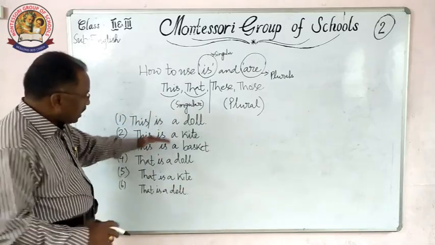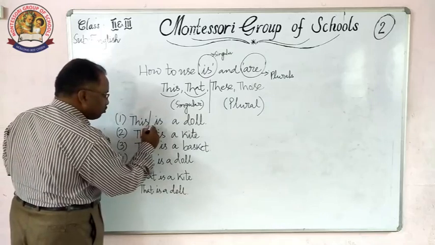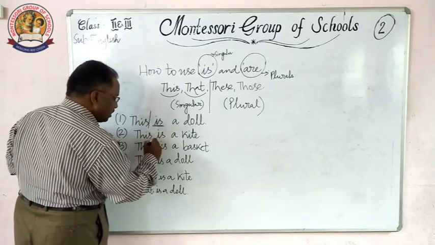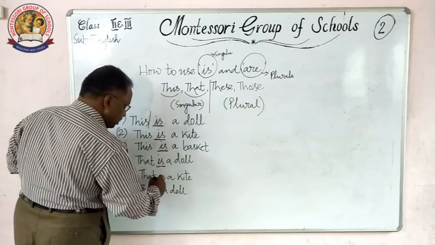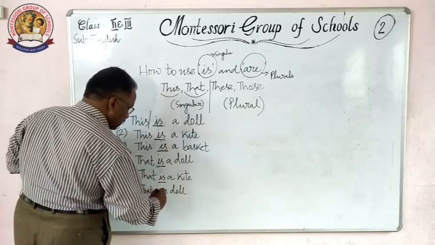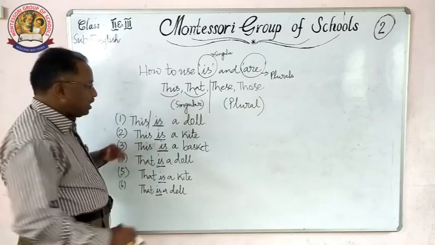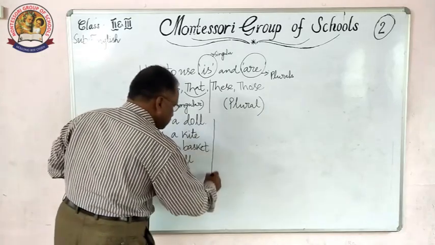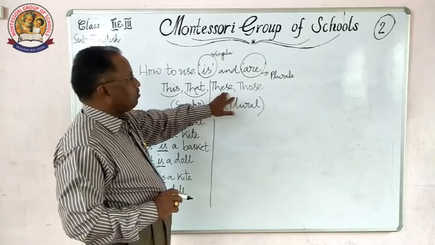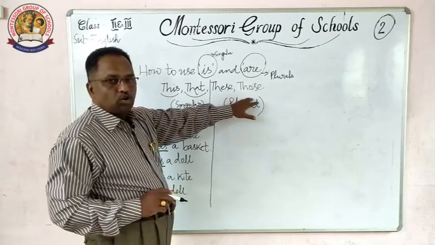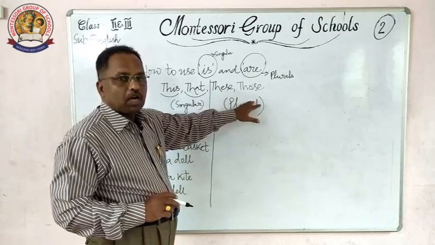Okay, children. So you can see here, I used the singular is. Similarly, now let us go with the plural. Now pronouns we have these and those. These are plural pronouns.